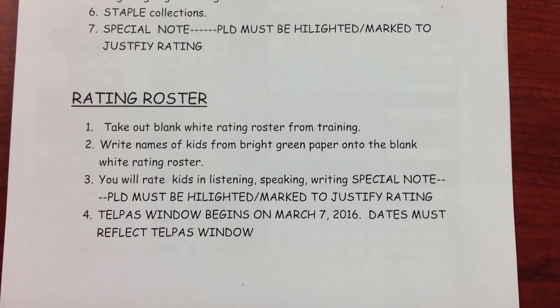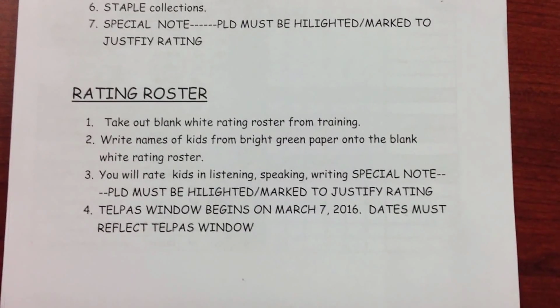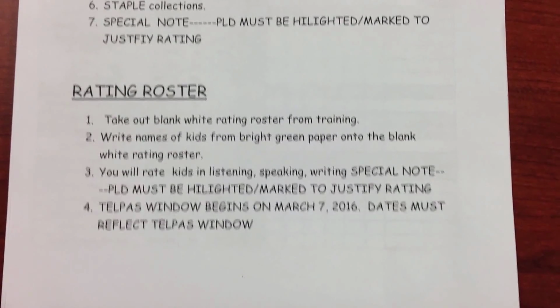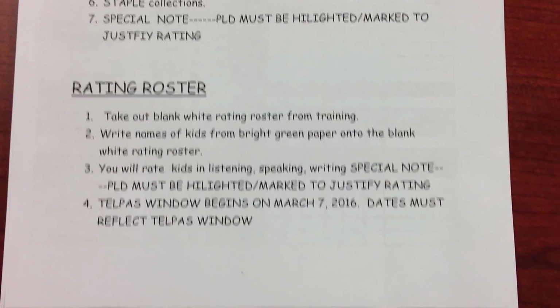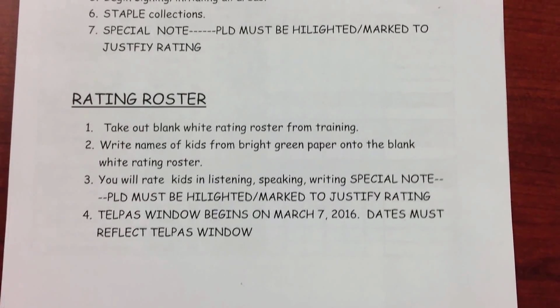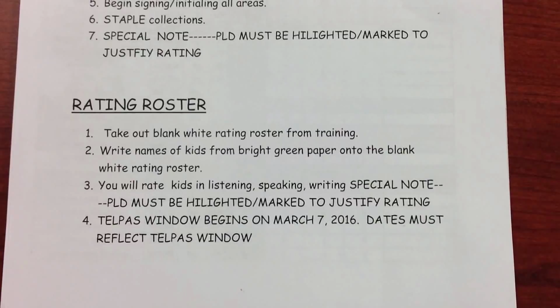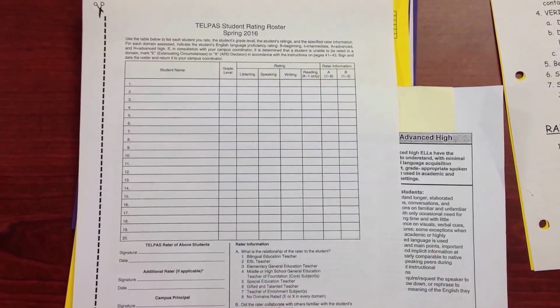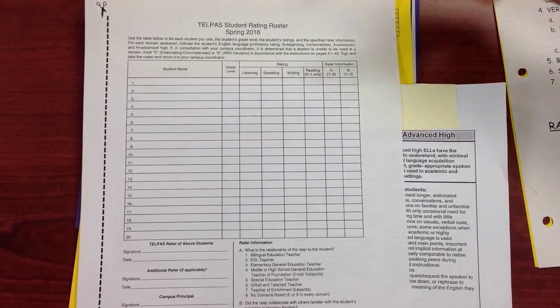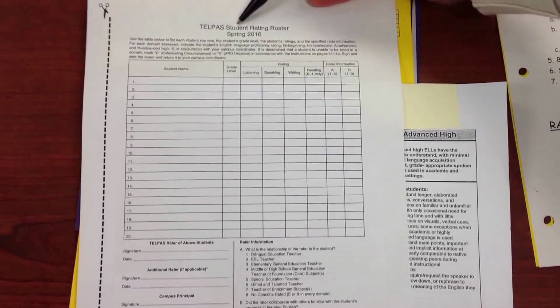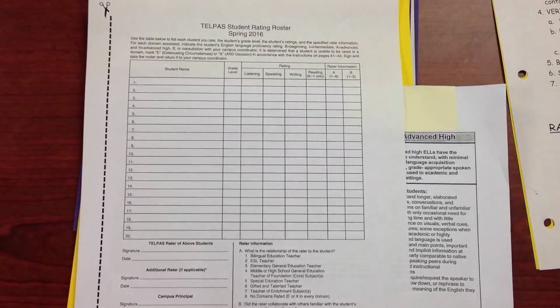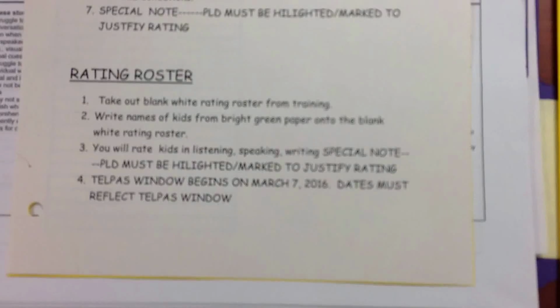Now the next thing we're going to explain is the rating roster completion process. Step 1, you're going to take out a blank white rating roster from training. This is an example of the white rating roster that we provide at the training. It says the TELPAS student rating roster, spring 2016. Okay.